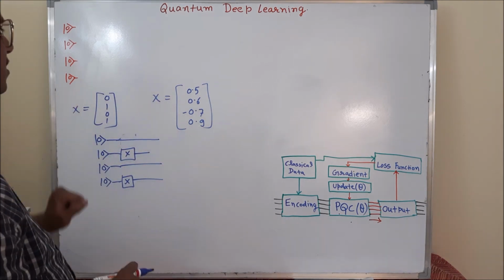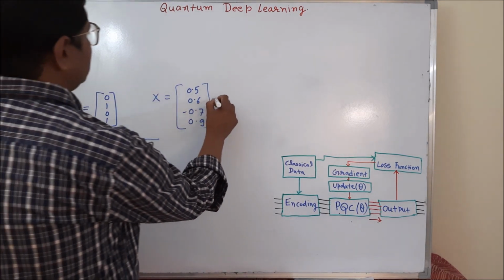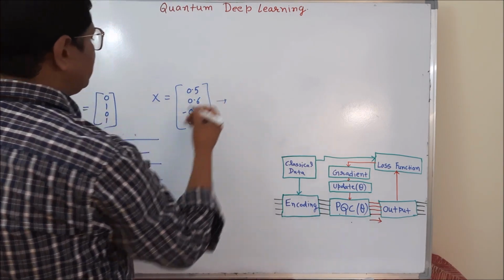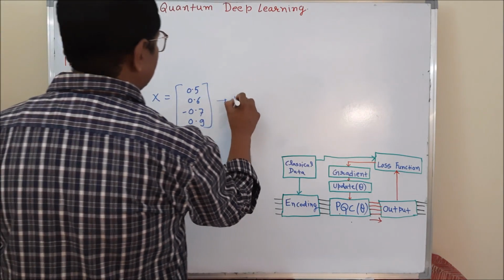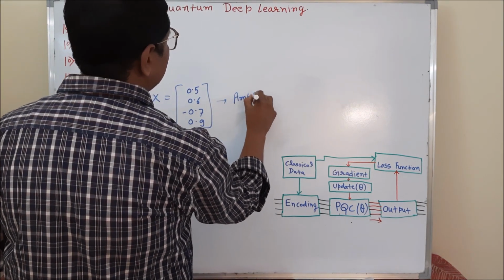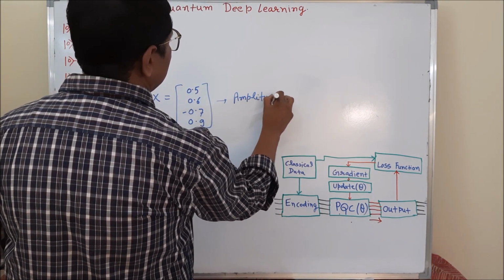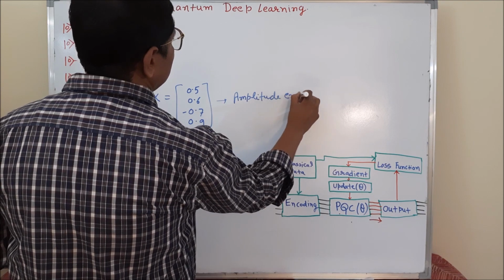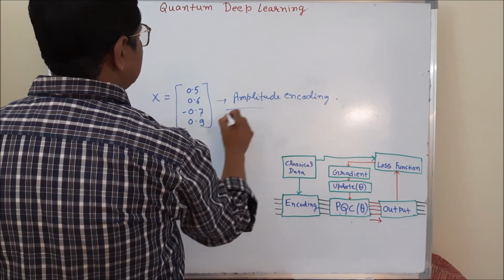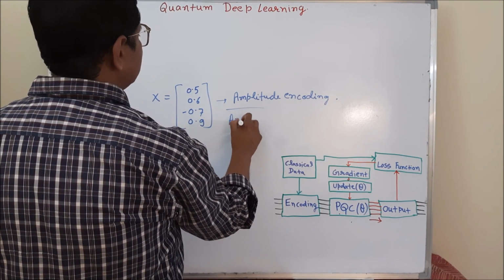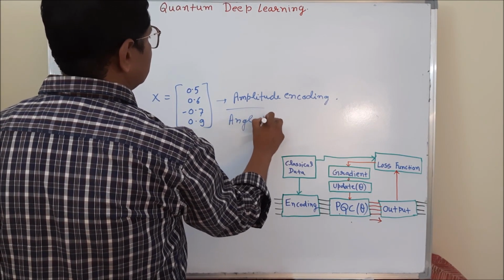This is just a basic system. So for that we use amplitude encoding, which several times is also known as angle encoding, angle-based encoding.